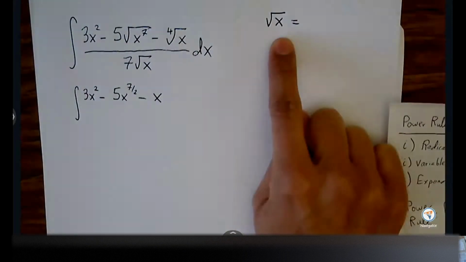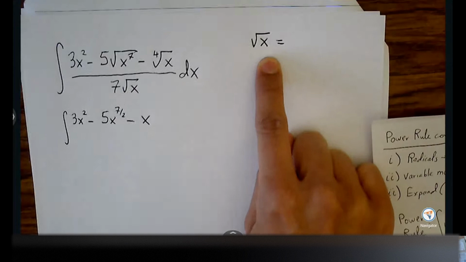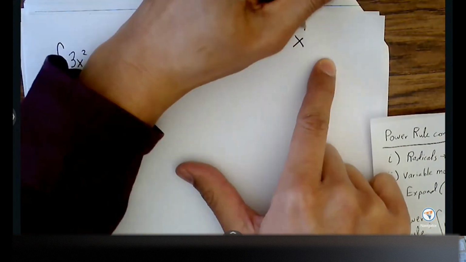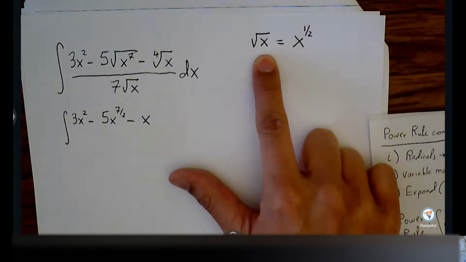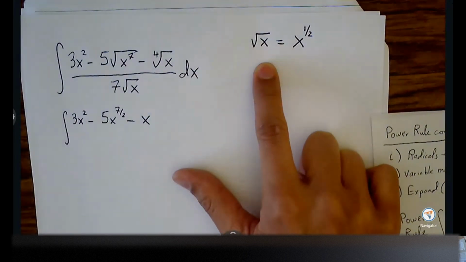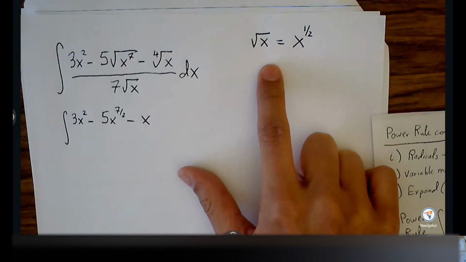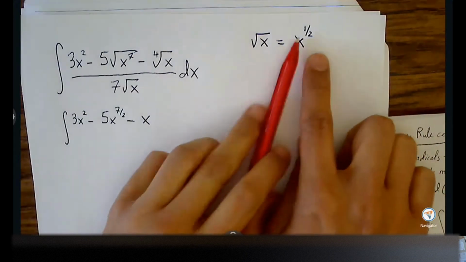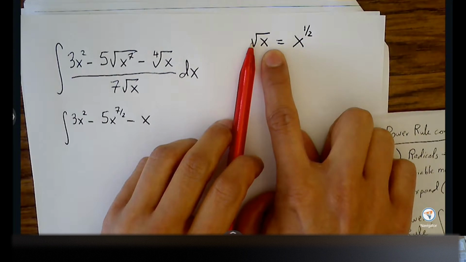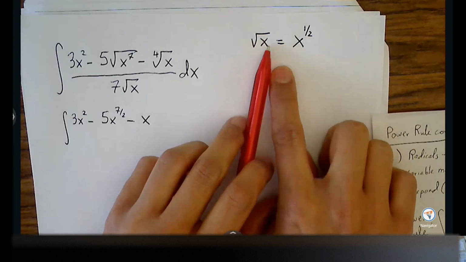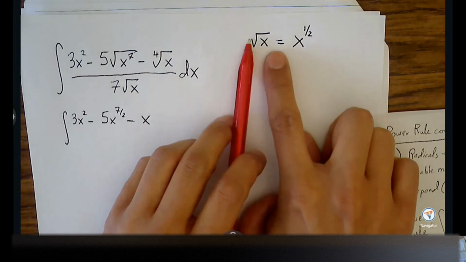Right. So think about square root of x. What's the square root of x? Okay. So do you know where the 1 and 2 are coming from? Why is it 1/2? Right, but these numbers are hidden in this diagram. Do you know where the 1 is located and where the 2 is located?